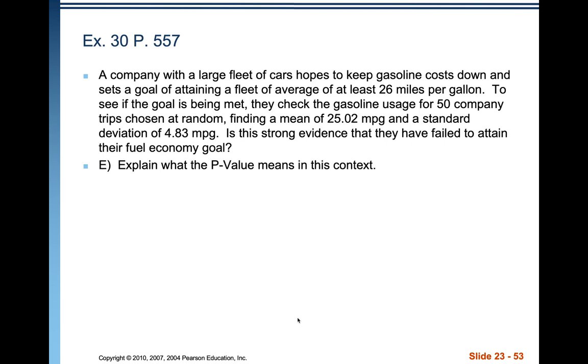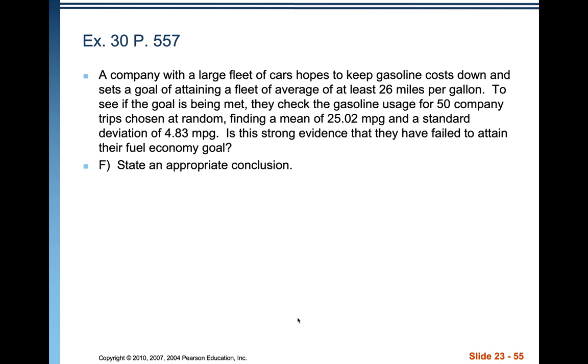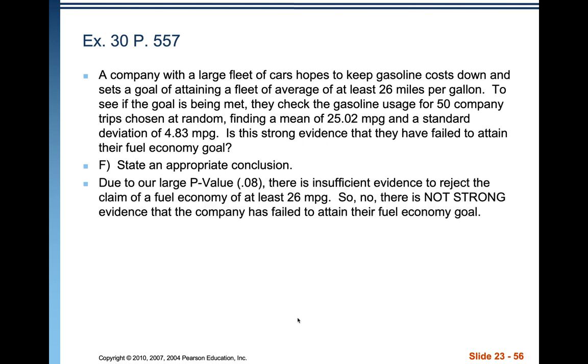Explain what the p-value means in this context. If the true average fuel economy is 26 miles per gallon, then the chance of obtaining a sample mean of 25.02 miles per gallon or less by natural sampling variation is 8%. Well, we consider that to be high. It's greater than 0.05.